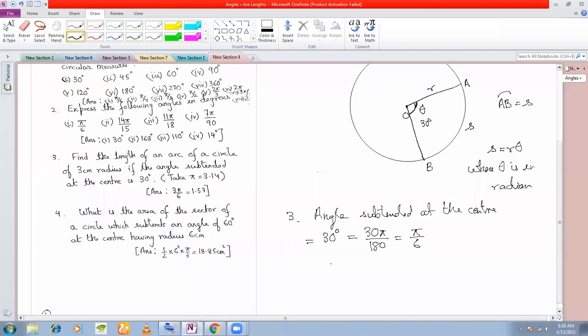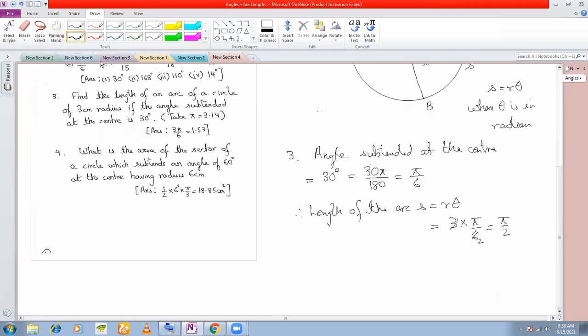So clearly, the angle subtended at the center we have converted to radians. Next, the question is to find the length of the arc. Therefore, s is equal to r theta, right? What is the radius given here? The radius given here is 3 centimeters, and the angle that we have converted to radians is pi by 6. So we simply get this as pi by 2. These two cancel. And they have said to take pi is equal to 3.14.